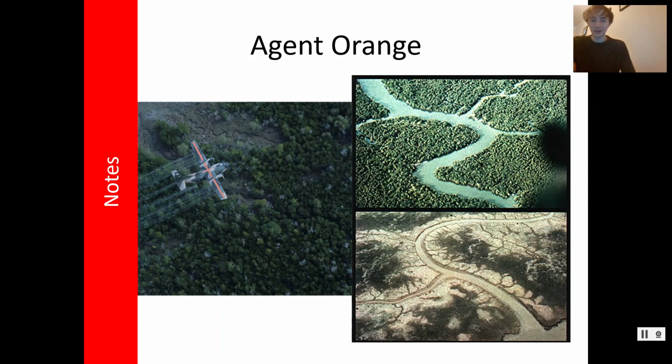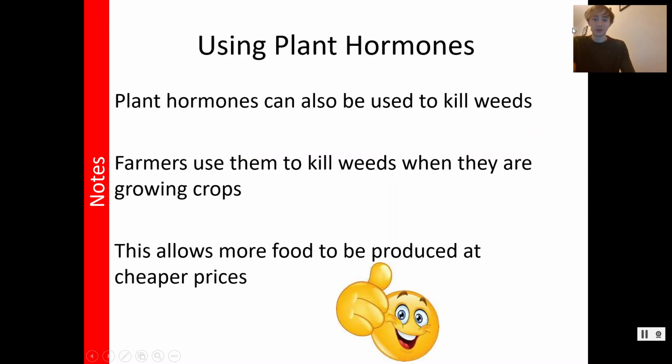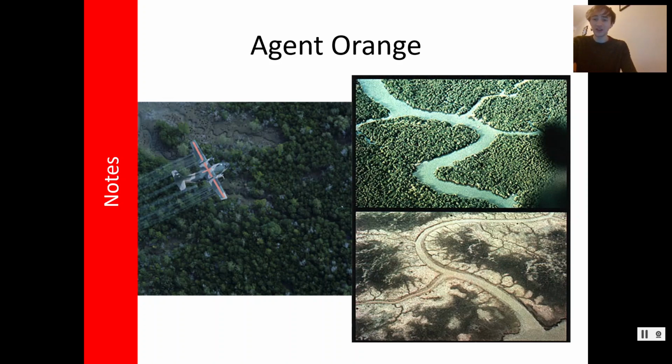Of course, the issue with destroying whole ranges of forests is, firstly, that it is very bad ecologically, and secondly, it causes all kinds of horrible disfigurements in people when these chemicals are sprayed all over their homes. So very unpleasant. They both work in the same way: hormones causing the plant to grow out of control, which causes death of the plant.